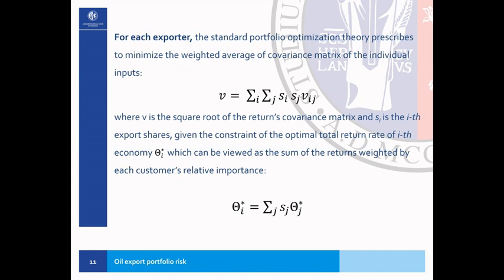There is a variance, as you can see, which is a weighted average of the shares with the covariance matrix. You can have a return, which is the weighted sum of the returns with the share S_j.